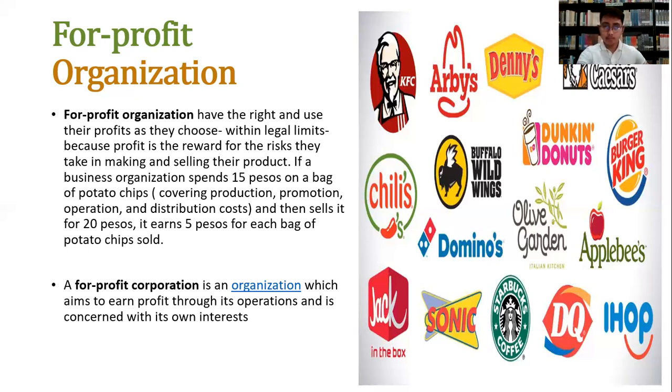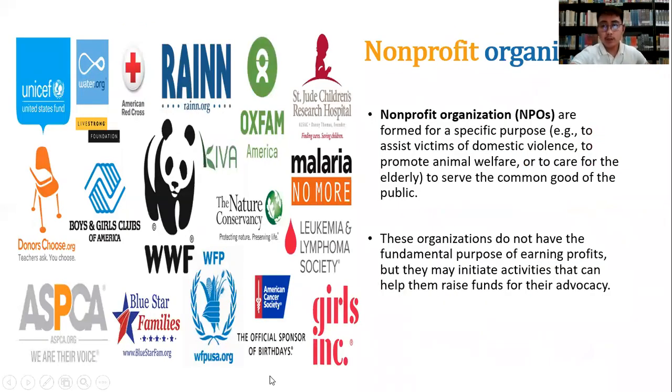The next organization is the non-profit organization. So ito po yung example ng non-profit organization natin. Halos kabaliktaran din siya ni for-profit organization because this organization does not have the fundamental purpose of earning profits. So they may initiate activities that can help them raise funds for their advocacies.